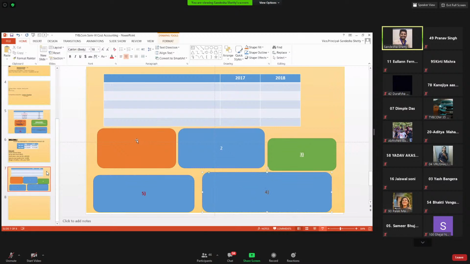Just a minute. Yeah. Can you see the solution part? Dear students, can you see the solution part? Is it visible, students? Solution slide is visible.